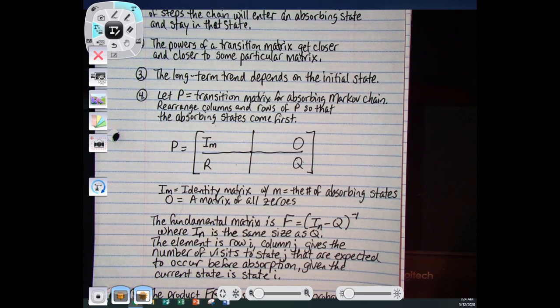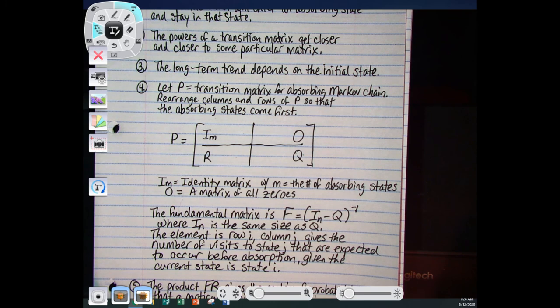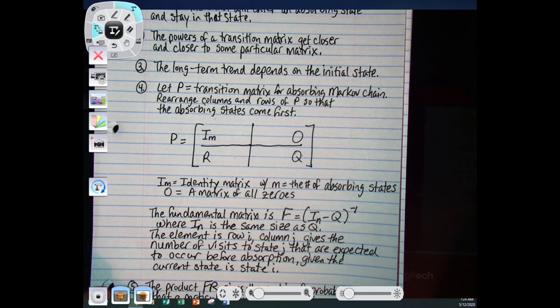So once we set that matrix up, we would use R and Q to help us find what's called the fundamental matrix. The fundamental matrix is used to help us identify the expected number of visits to each state before absorption occurs.